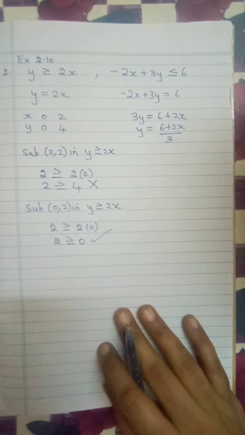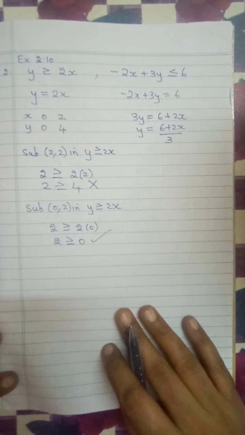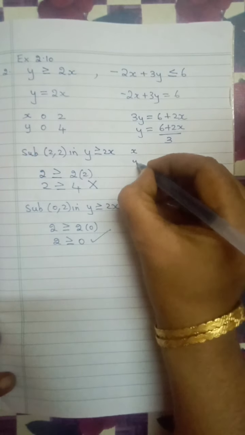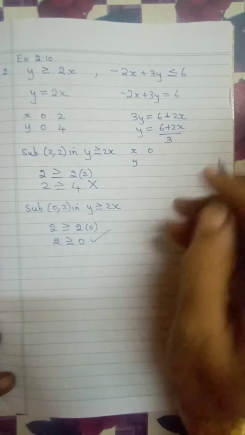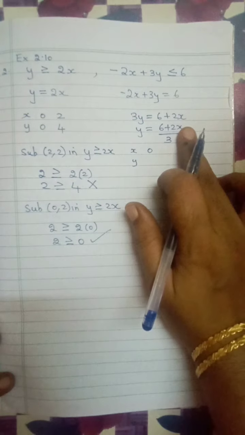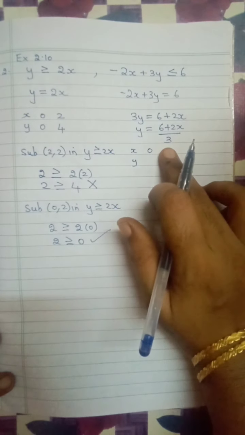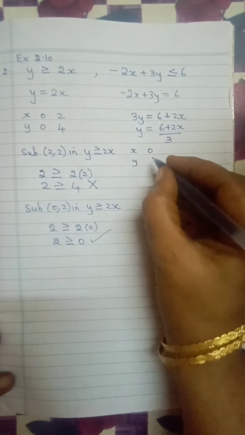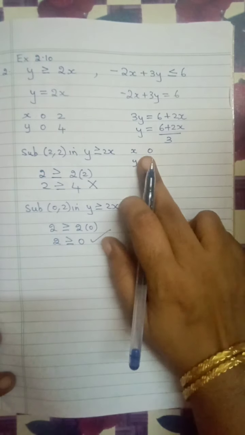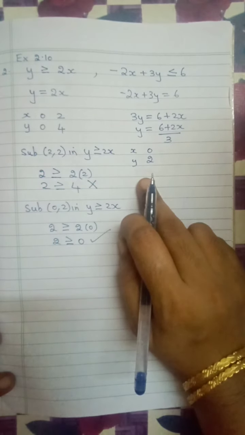Now I have to put various values for x to get the values of y. So let me put x is equal to 0. 2 into 0 is 0. So 6 by 3, when I divide, I will have 2. So x is 0 means y is 2.